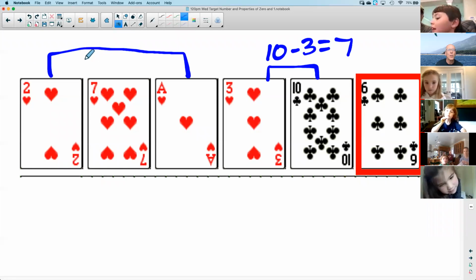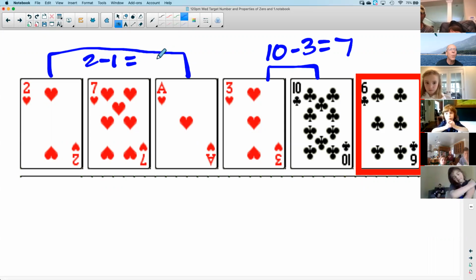Okay, 2 minus 1 is what? 2 take away 1. If I have 2 and I take away 1, I have just 1. So that is 1. Is that going to help you? Are you going to be able to get to 6? Well, that was a great try also.